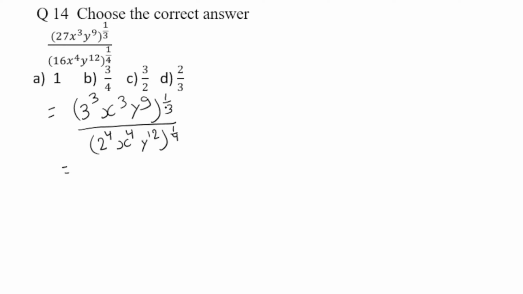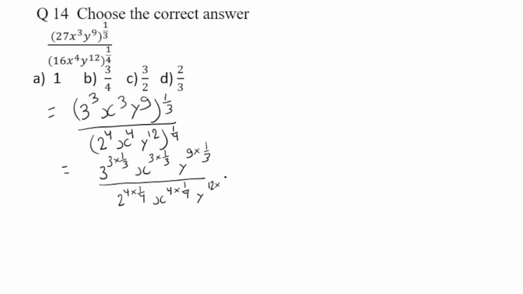Now we have to use the power of exponent property. That means power is multiply. 3 to the power 3 multiply 1 by 3, x to the power 3 multiply 1 by 3, y to the power 9 multiply 1 by 3. On denominator, 2 to the power 4 multiply 1 by 4, x to the power 4 multiply 1 by 4, y to the power 12 multiply 1 by 4.